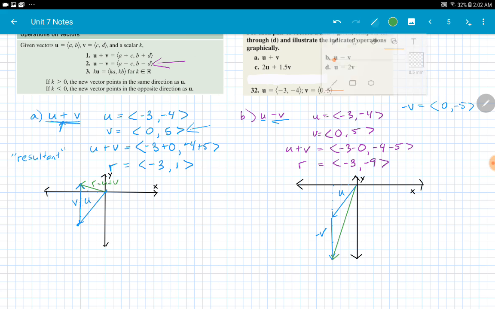This vector, that green line, is a vector called r, which is the resultant vector, which is u minus v. And I think I have a little typo there. That should be minus, not plus.